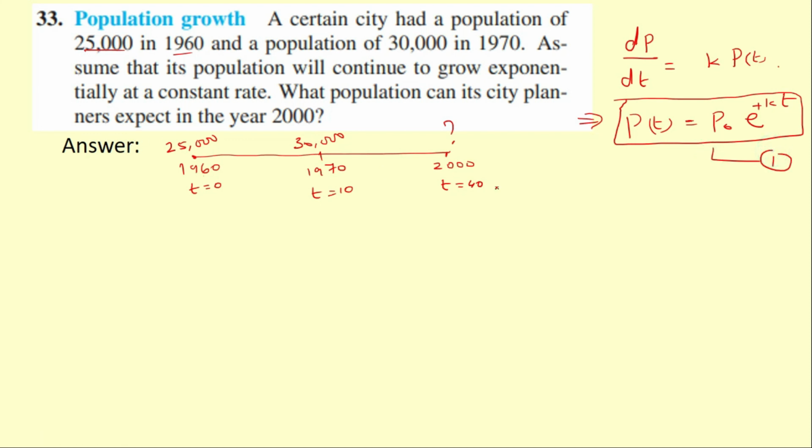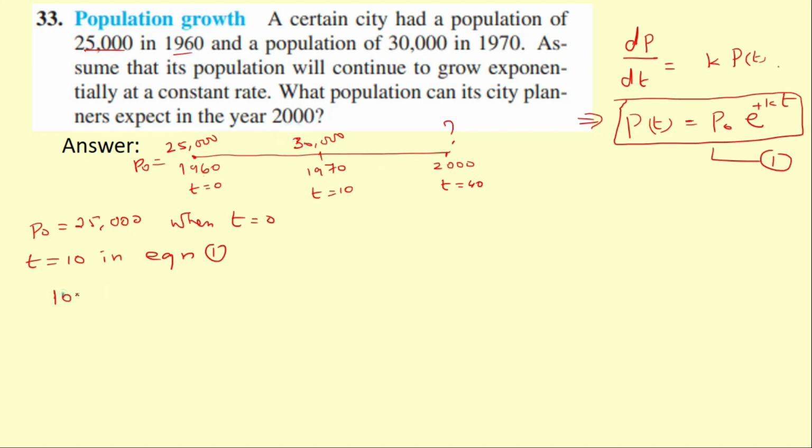Well, you know what P0 is here. P0 is the initial population, so P0 is 25,000 when t is 0. When t is 10, use t is 10 in equation number 1. We know when t is 10, the population is 30,000, given in the problem.